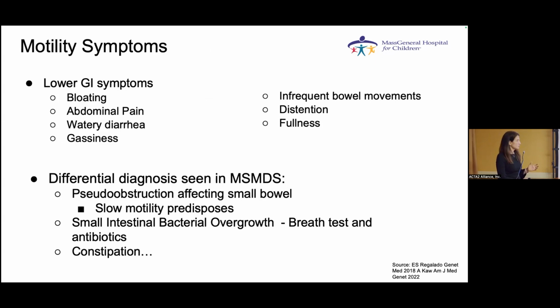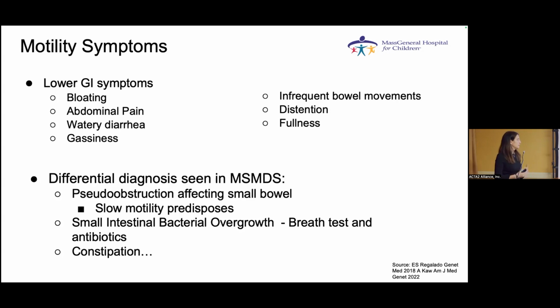One of them I just want to touch on briefly is a pseudo-obstruction not caused by a genetic background, just that presentation I talked about, where you can get really dilated bowels, particularly in the small intestines, thought to be due to an issue with motility. And then the other one is small intestinal bacterial overgrowth. That's an interesting area where we think there's excess bacteria in the small bowel because of an issue with movement of things through the gut.